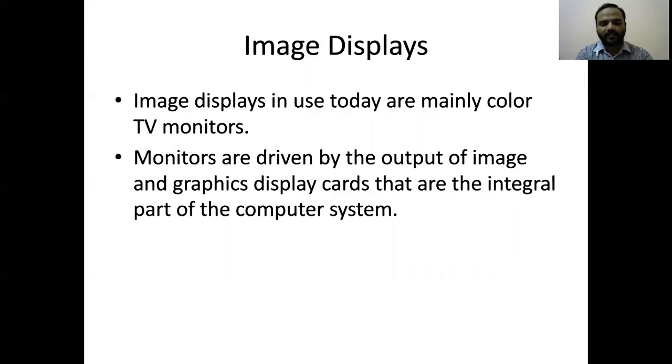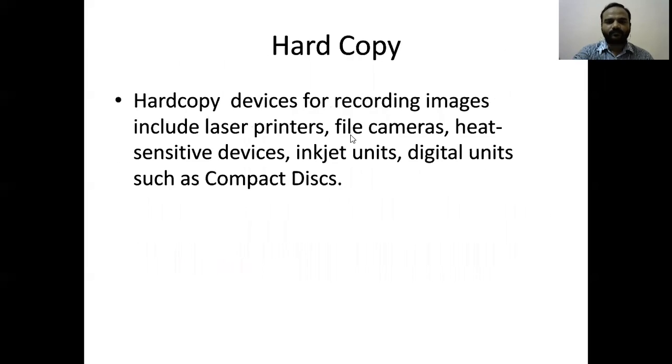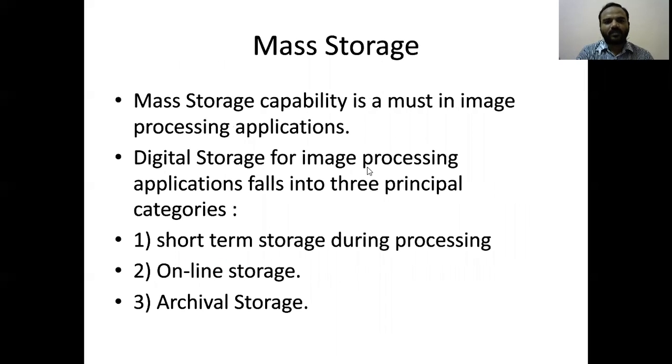Image displays are nothing but monitors. Hard copy means devices for a printed copy or any other devices. And mass storage: the data arriving from this digital system can be stored for short-term purposes, on online storage, or for archival storage.